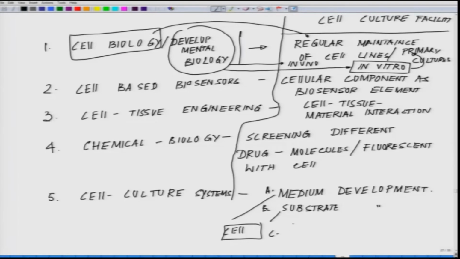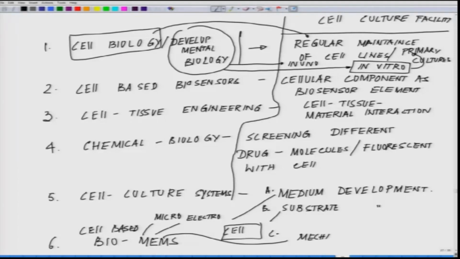Then let us put it like this, there is another emerging area of biomems, cell based biomems structures. MEMS here stands for micro electro mechanical systems. So, there are cell based biomems structures being developed, whose history goes back to things like Campenot chambers.